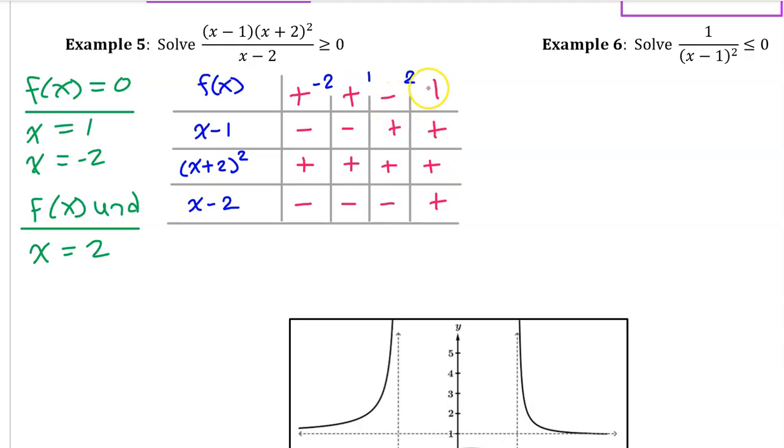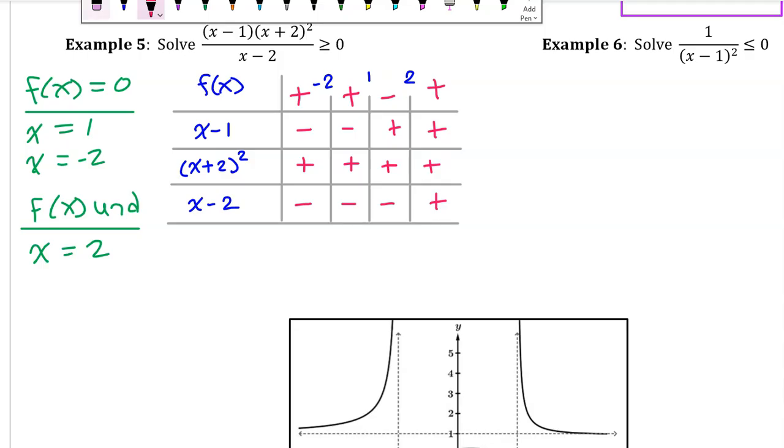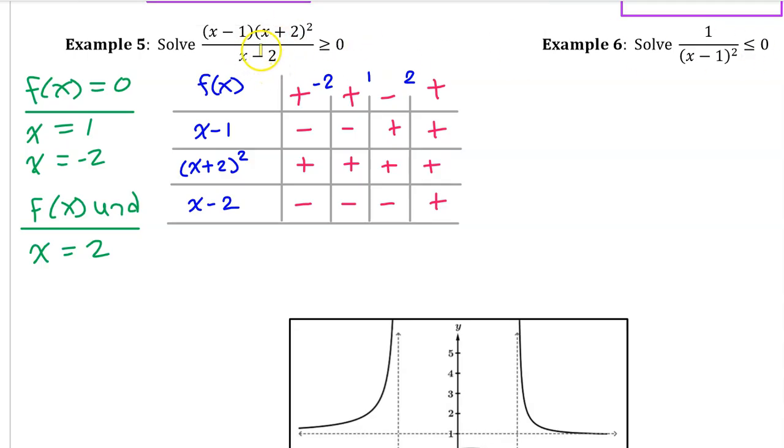We're looking for values of x that will cause f of x to be greater than or equal to 0. So we want the intervals where f of x is positive or equal to 0.